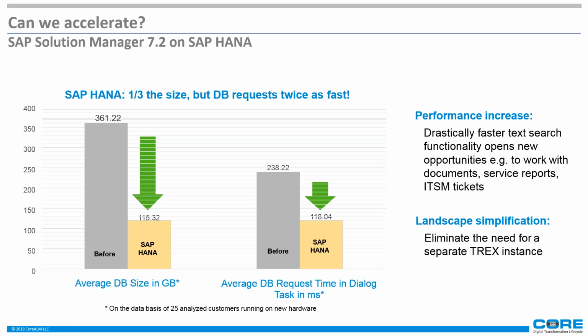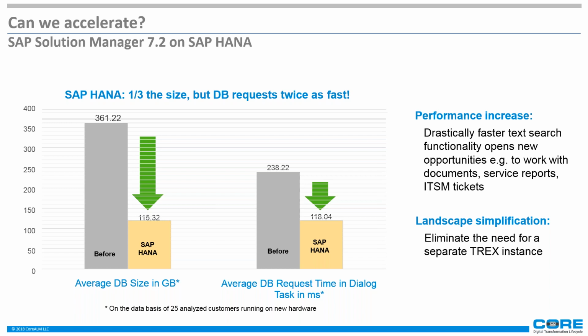Now, some people say, why HANA? Can we accelerate? How much faster is it? These are numbers that were provided by SAP. This analysis was done with 25 different customer systems running on new hardware.